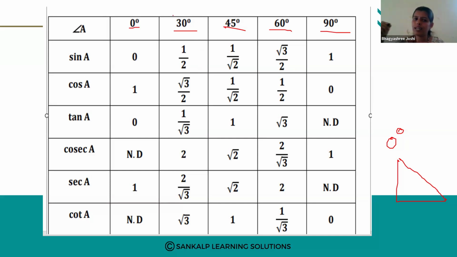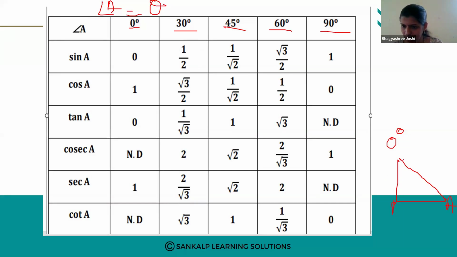So, angle 0. If A means it is theta only. If you consider A is same as angle theta. Theta and A are the same. If our angle is at point C, then we call it angle C. If the angle is at P, we call it angle P. If at Q, we call it Q. In general, we call it theta.